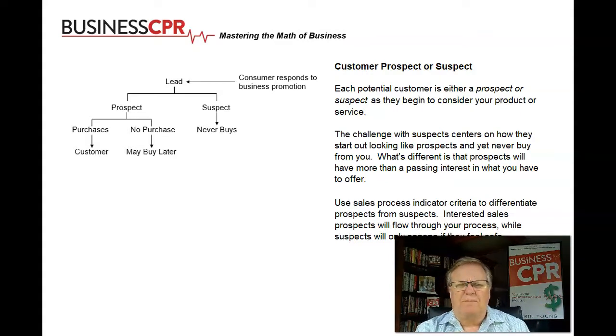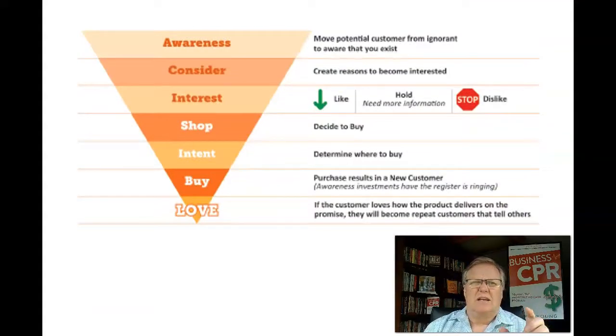Whereas a suspect, once you start taking them through a sales process, they'll stop if they don't feel safe. And so that sales process is the purchase decision funnel. There's another video on that you can tune in to appreciate what this is all about.